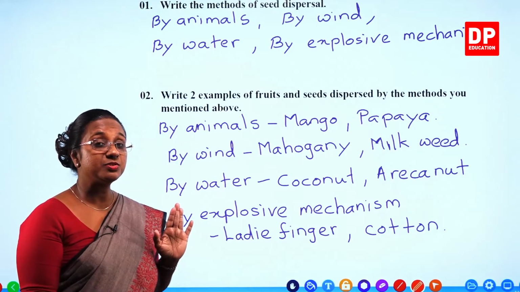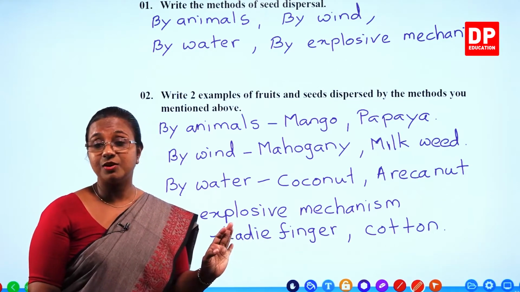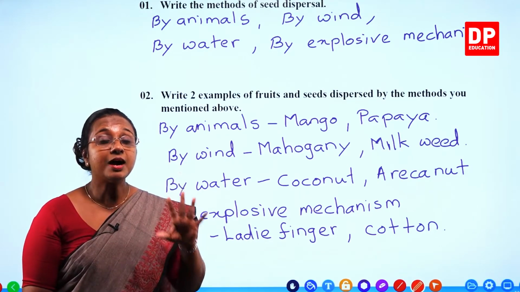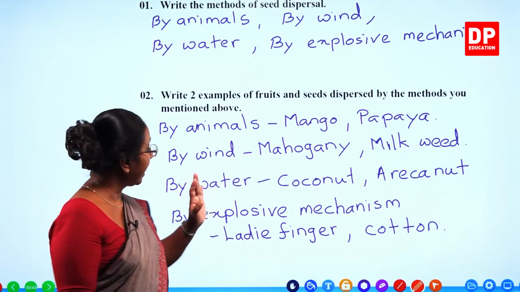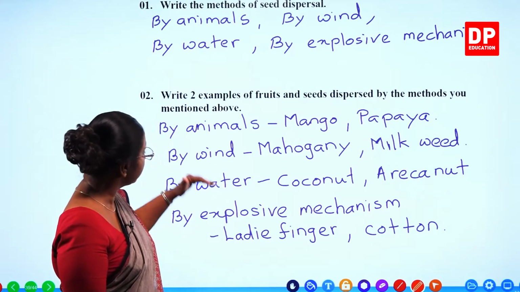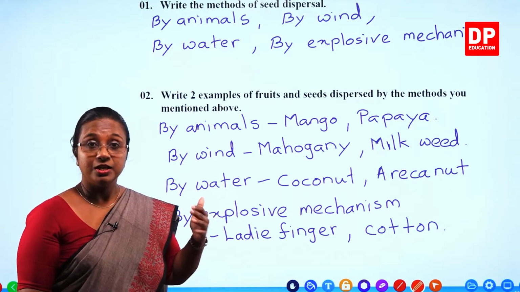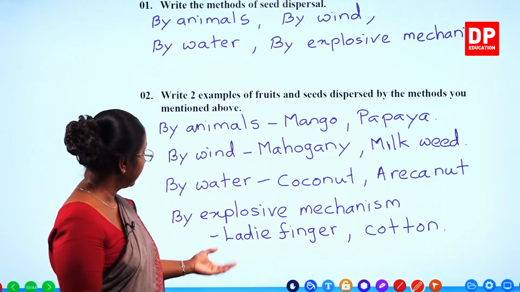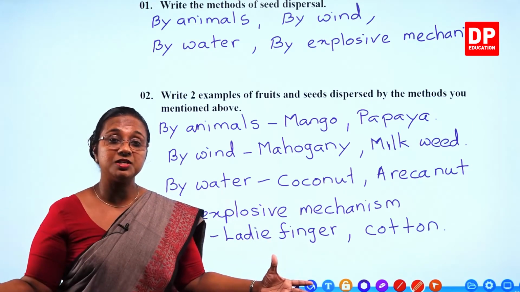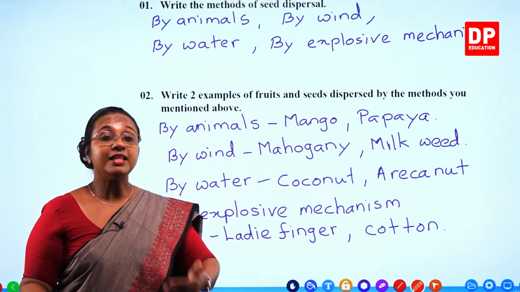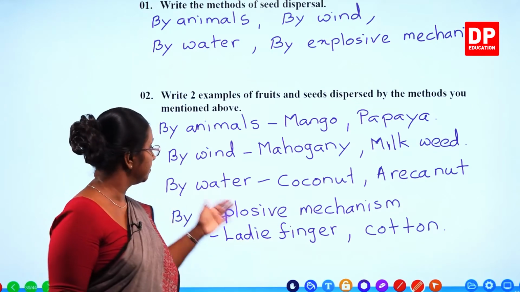And you can remember, students, when I explained this in the lesson also, I told you all some of the fruits and seeds, they can be dispersed by explosive mechanism and wind. You can remember that. Why? Because they explode, they get dispersed to a certain area, then from there they can be dispersed by wind.